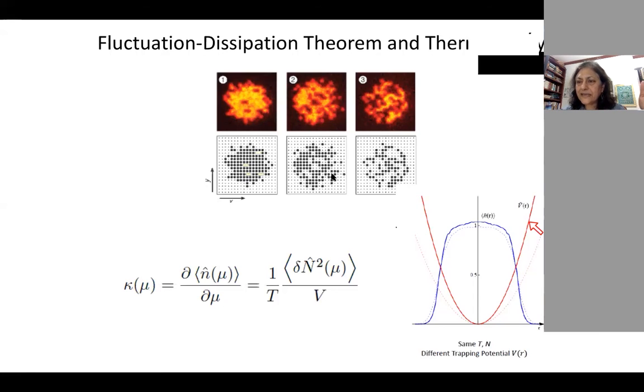Then they can change the chemical potential. How do they change it? They just take their trap and move the lattice potential a little bit tighter or closer or wider, and that changes the chemical potential. And then dn/dmu, you can look at the change in density at a site given some change in chemical potential.